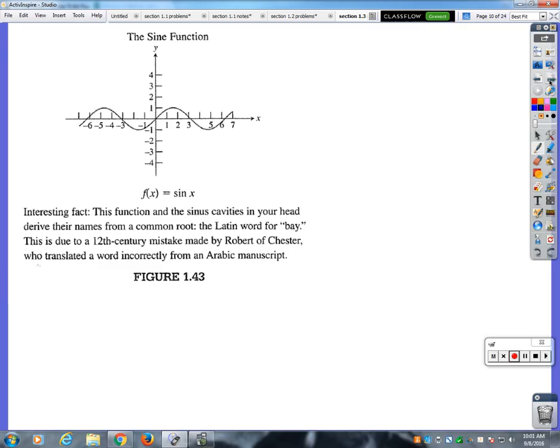Then back to our study of trigonometry, we have our old friend, the sine function. You remember from last year that sine goes with the y coordinates as you go around the unit circle. If you start right here and move your way around, this y coordinate is 0. Then we're talking about the unit circle, so the highest it ever gets above the x-axis is 1.